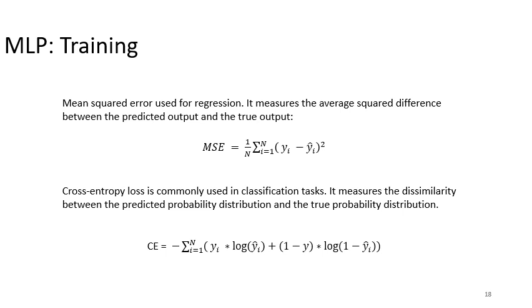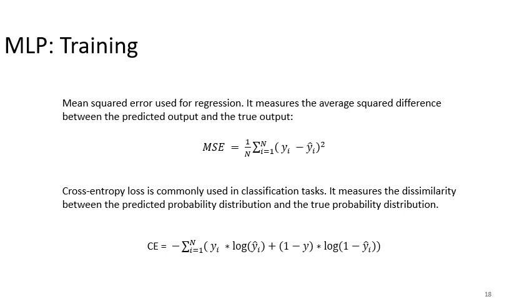It calculates the average squared difference between each predicted output y hat i and the corresponding true output yi. Over a dataset of size n, the formula can be written as the sum from i equals 1 to n of the difference between the target and the predicted value squared, and this sum will be divided by n.